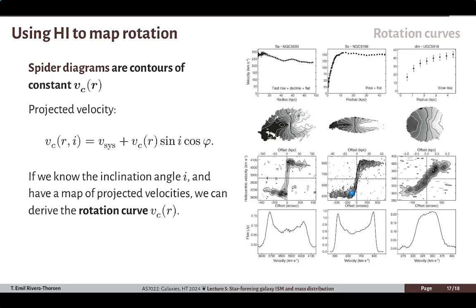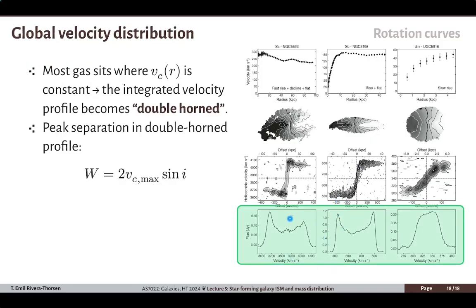That means that if we have a lot of mass concentrated at this velocity and this velocity, then we will also have a lot of light concentrated at this velocity and this velocity, which is exactly what we see in these profiles here, where we can see that these two spiral galaxies both have these famous double-horned velocity profiles.